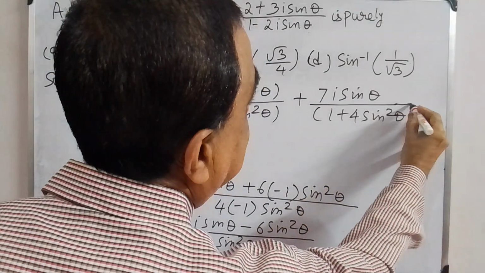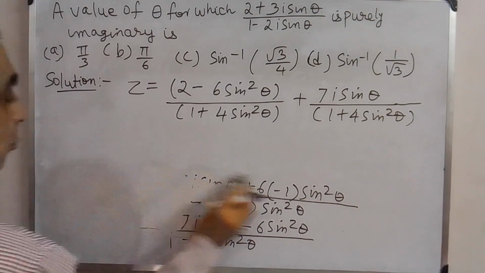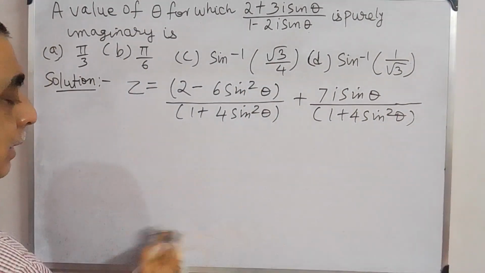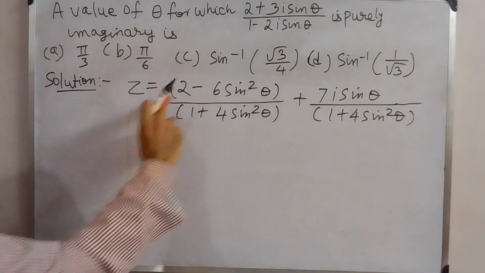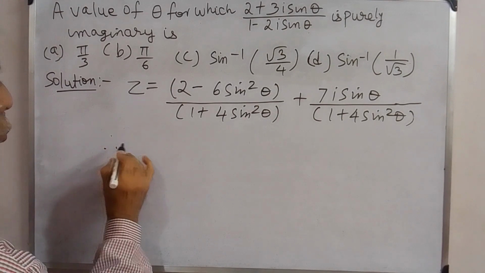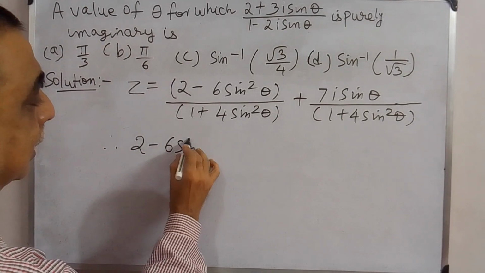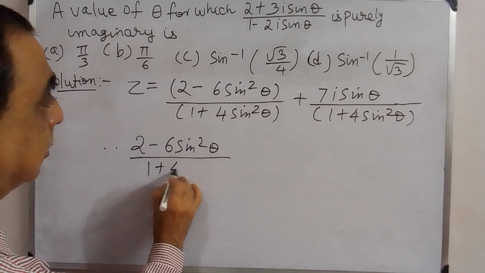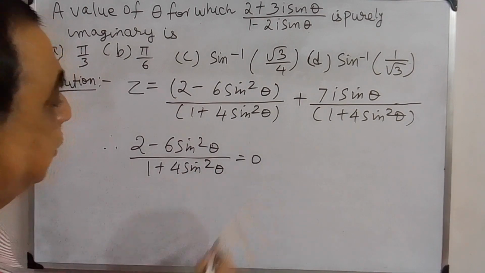Now it is being told to us in the question that this complex number is purely imaginary, so the real part will be 0. So this is the real part, and its value will be 0. Therefore (2 − 6 sin squared theta) divided by (1 + 4 sin squared theta) will be 0.